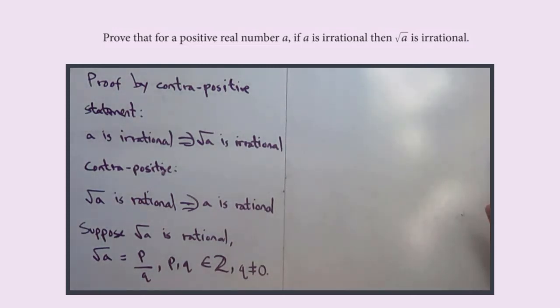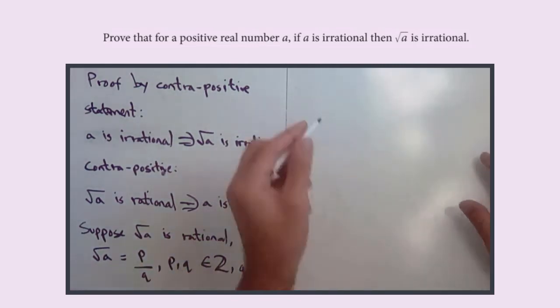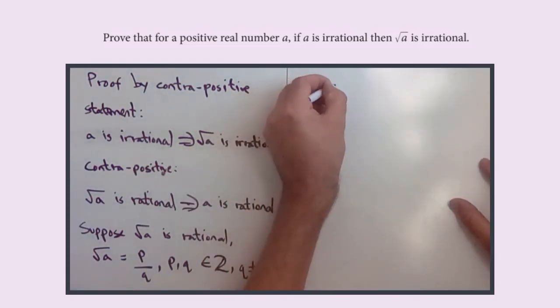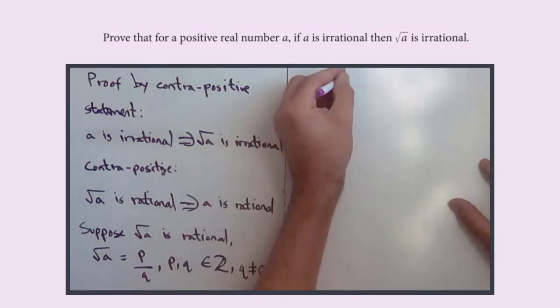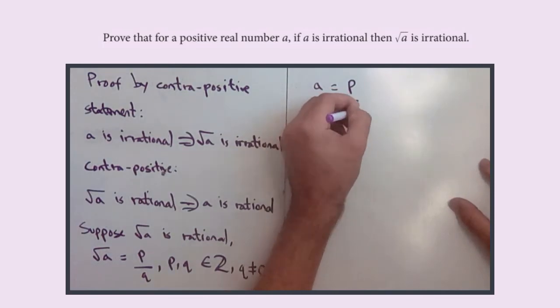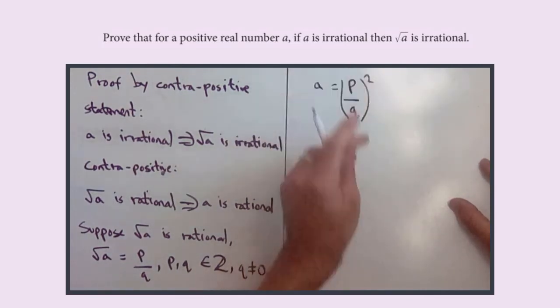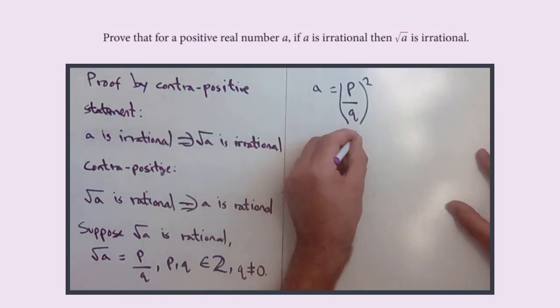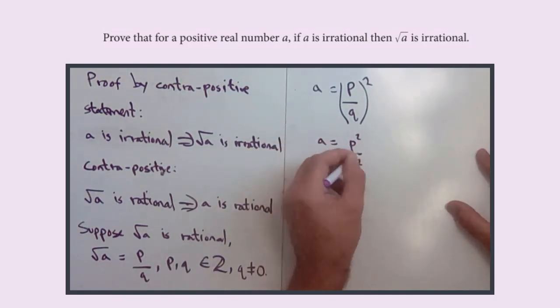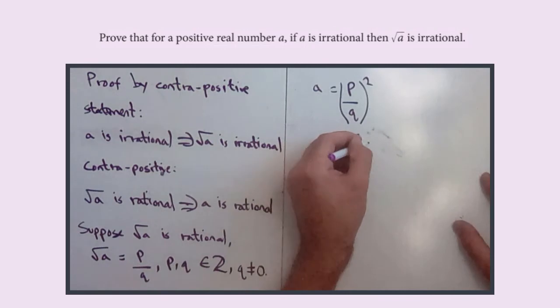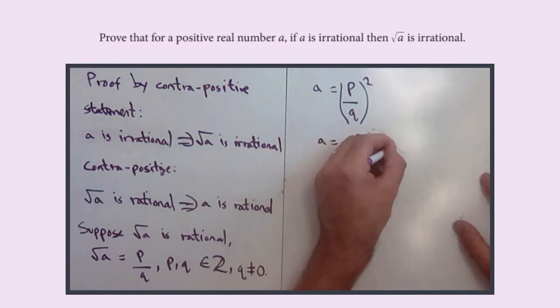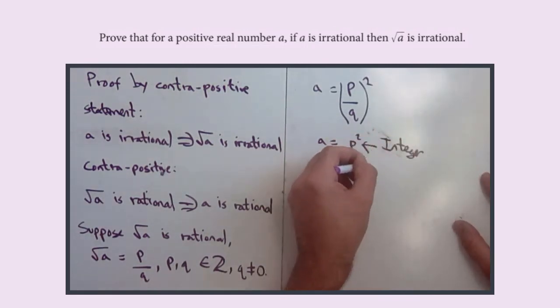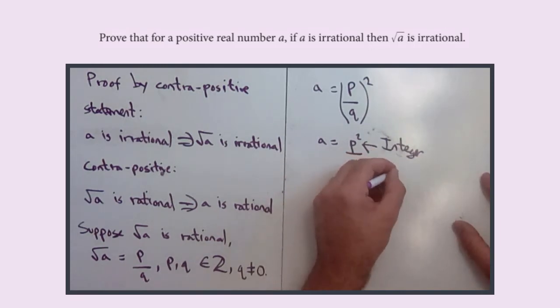Right, so now we've got root a. We're going to now find an expression for a, and we're going to square both sides. So a is going to be p over q, squared. A equals p squared over q squared, and if you look at that, you have an integer over a non-zero integer.